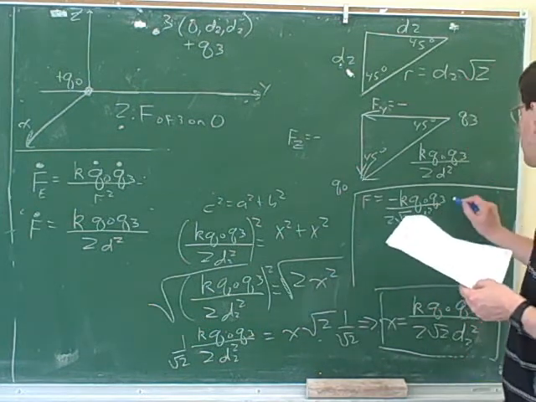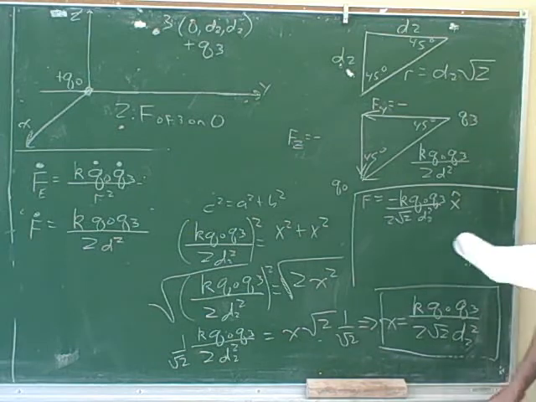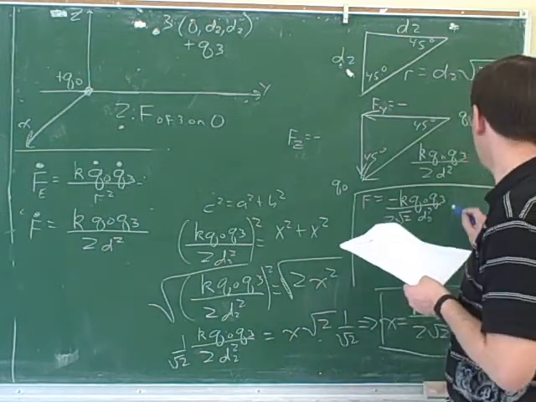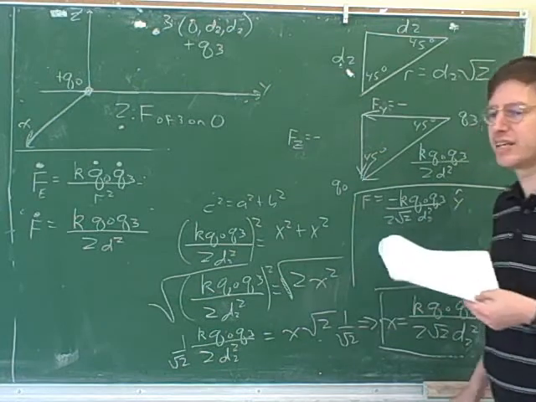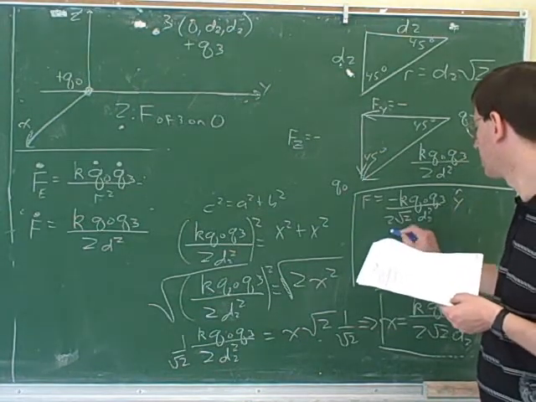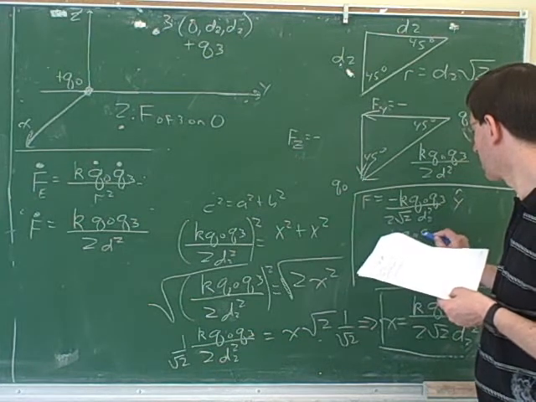And how do we show that this is the y component? By putting a y hat. All right, and what's the z component? The same thing, but with a z hat.